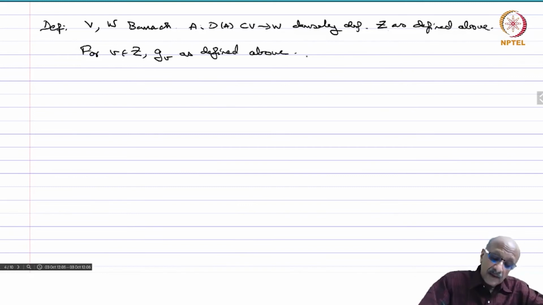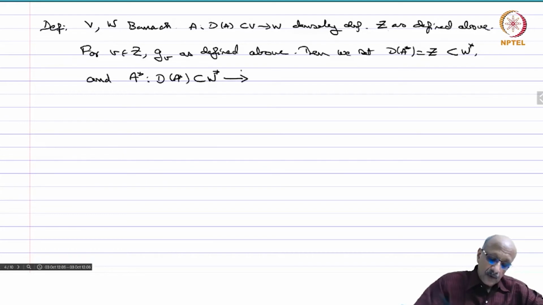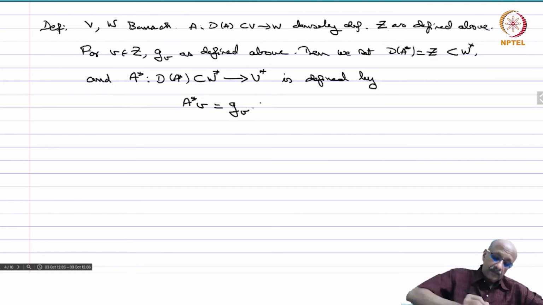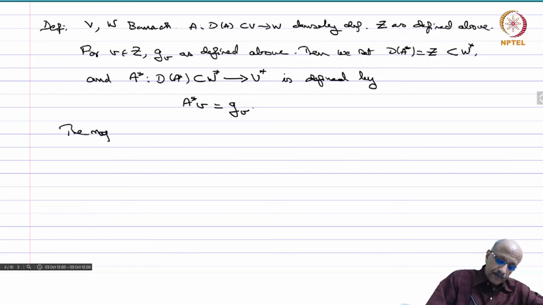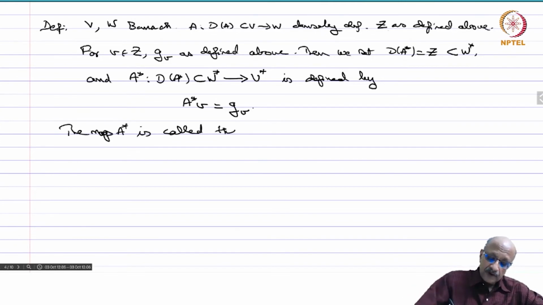Then we set D(A star) equal to Z, which is contained in W star, and A star from D(A star) contained in W star to V star is defined by A star v equals g_v. The map A star is called the adjoint of A.